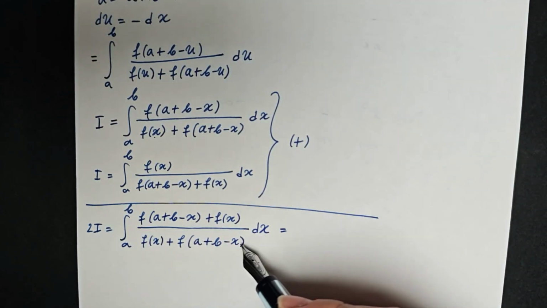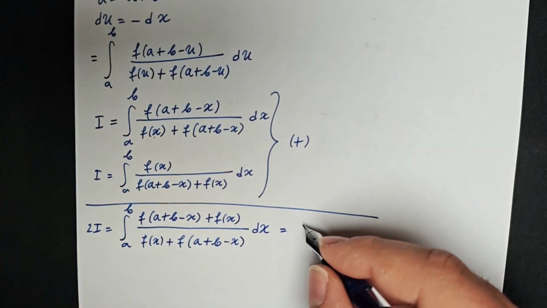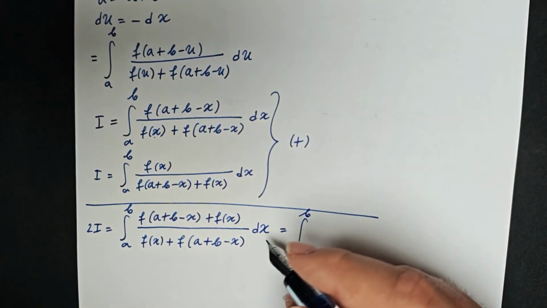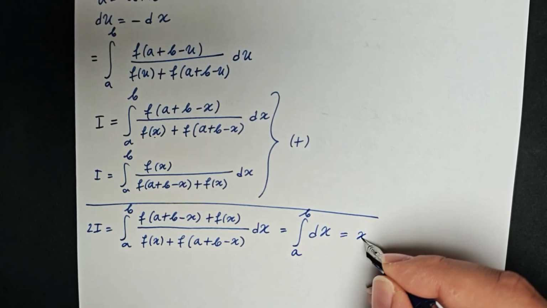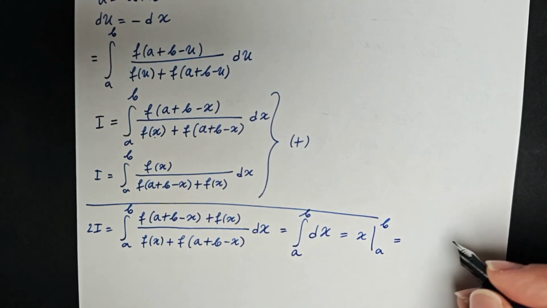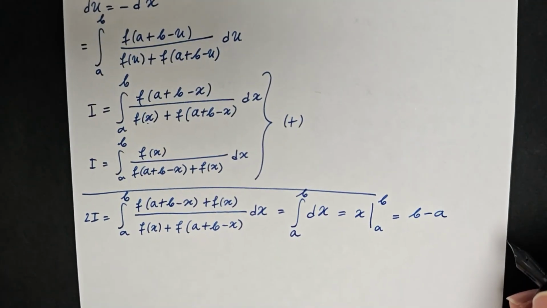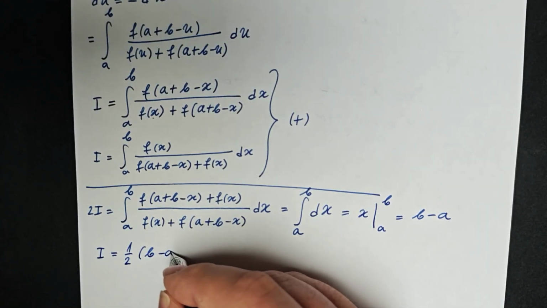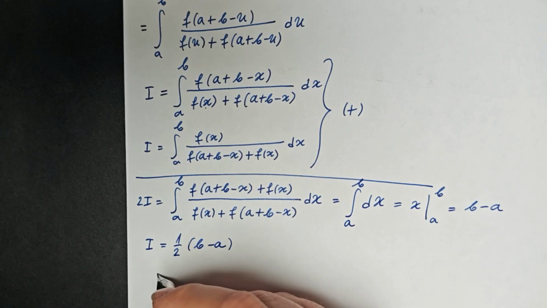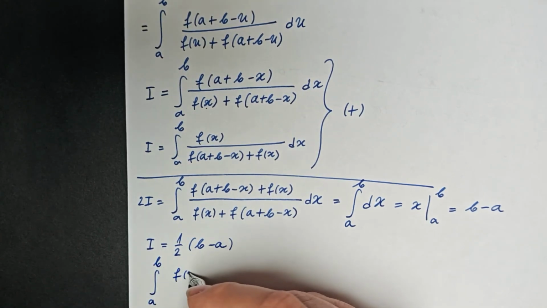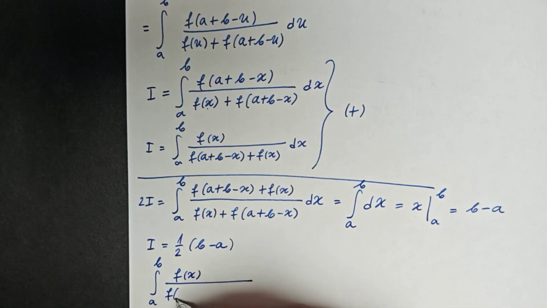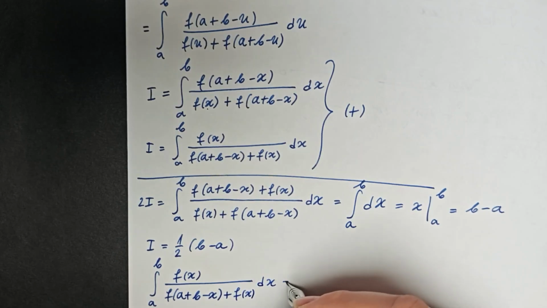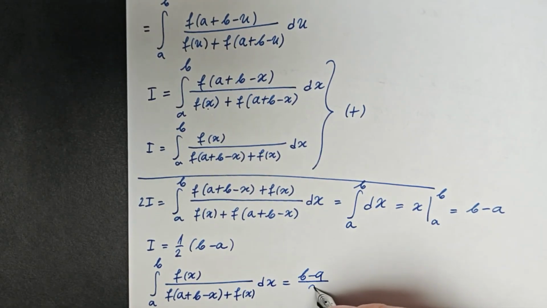If you look closely at this fraction here, it is equal to 1, and then we get an integral from a to b of differential of x, and that is x from a to b, and that is b minus a. From there we get that I is equal to 1/2 of b minus a, and finally we get that integral from a to b of f of x divided by f of a plus b minus x plus f of x, dx, is equal to b minus a over 2, thus proving the formula.